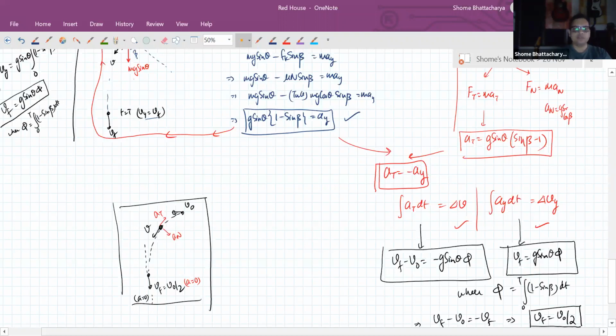This is not a JEE level question. You will not be asked things like this in JEE Advanced, let alone JEE Mains. This is a physics Olympiad level of question. But the reason I'm discussing it is that it's an interesting problem to understand friction and also your kinematics relations.